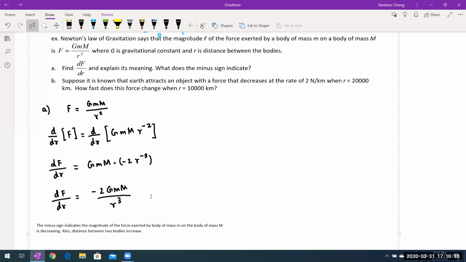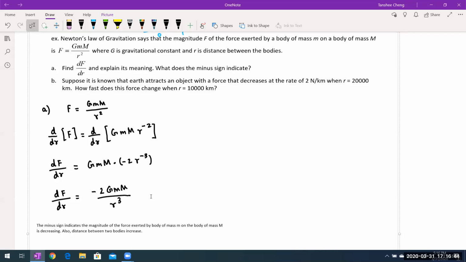Any questions before I move any further? All right. The second part of this question says to suppose that it is known that the Earth attracts an object with a force that is decreasing at the rate of 2 Newton per kilometer when the distance is 20,000 kilometers.